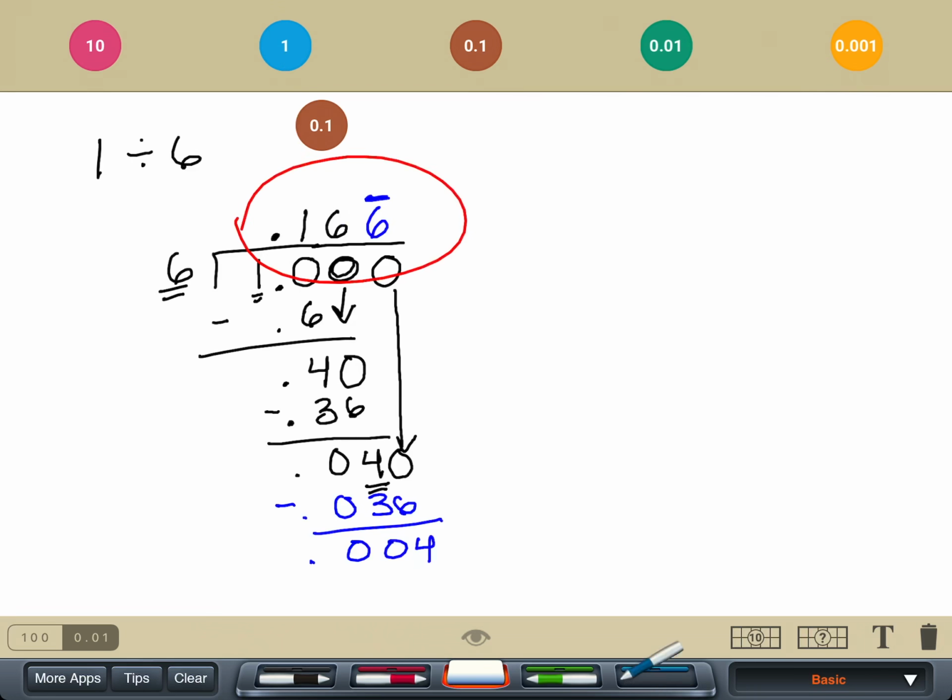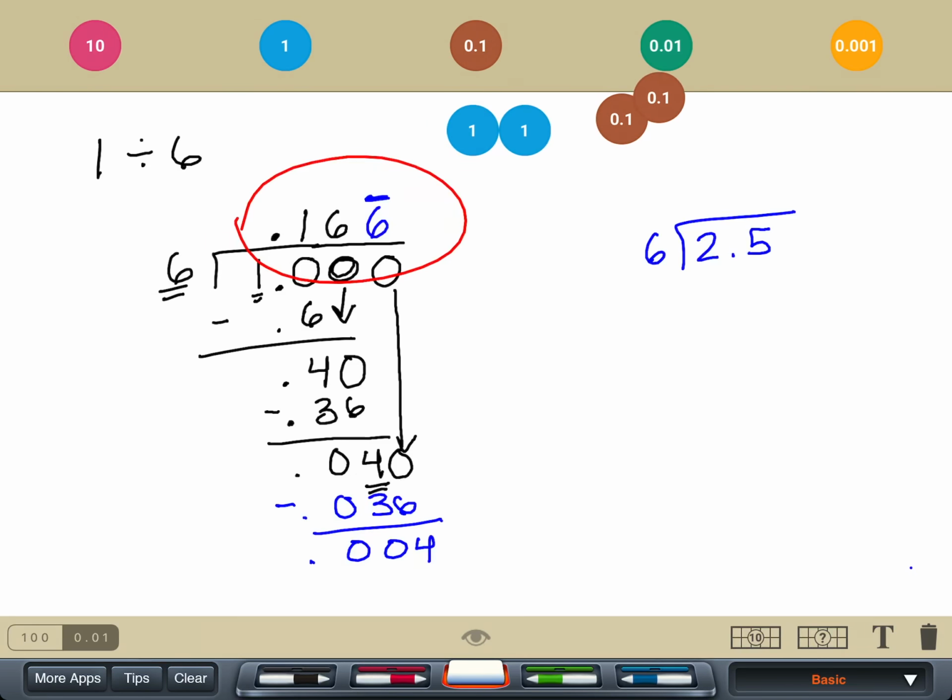The other one that I asked you to do was 2 and 5 tenths divided into 6 parts. So unlike this first one where we only had 1 whole, this time we have 2 wholes, and then we have 1, 2, 3, 4, 5 tenths, and we need to divide all of that into 6 parts.